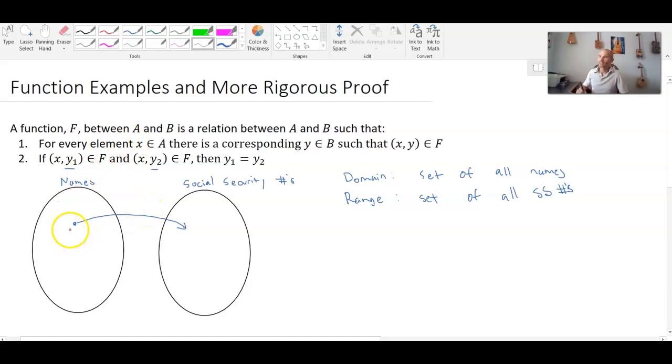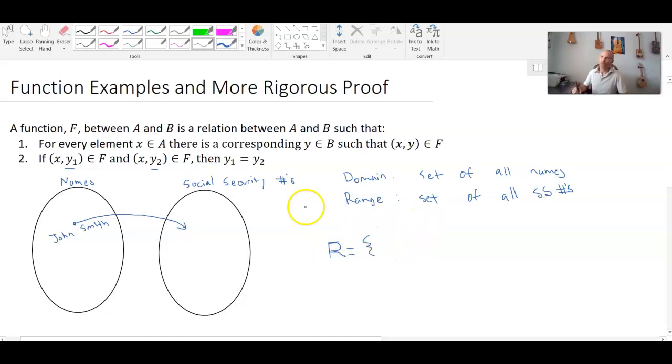For instance, let's say that I have an element x here, and that element we're going to name John Smith. We said that our domain is the set of all names, so if I write this function as capital F, because we have to remember that F is a set, the collection of all such ordered pairs, then sometimes we denote this R initially to say that this is a valid relation, it just may not be a function.